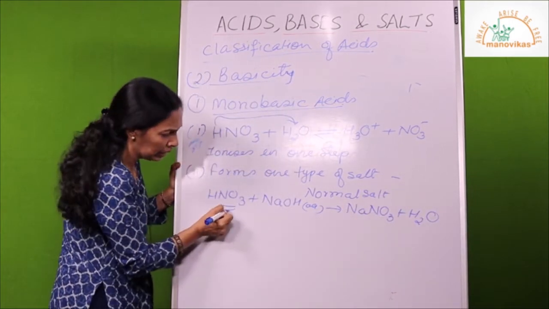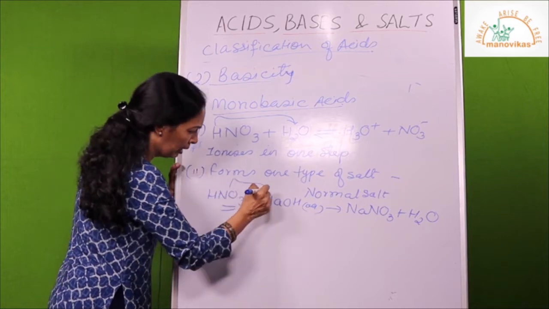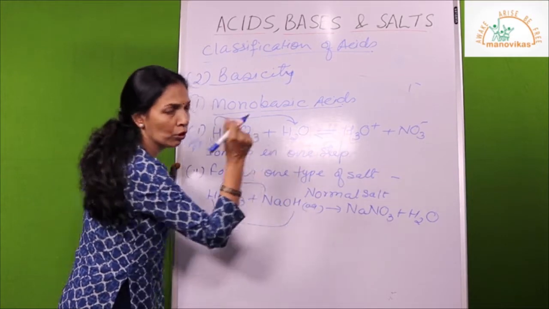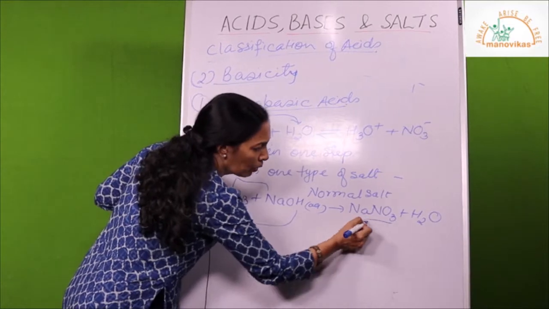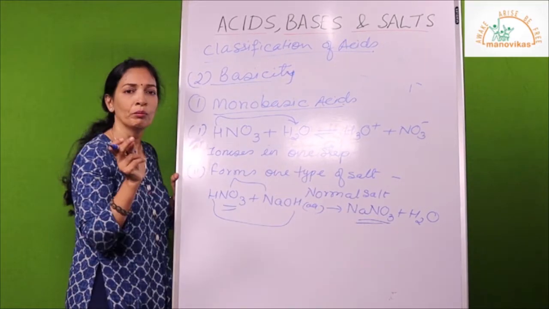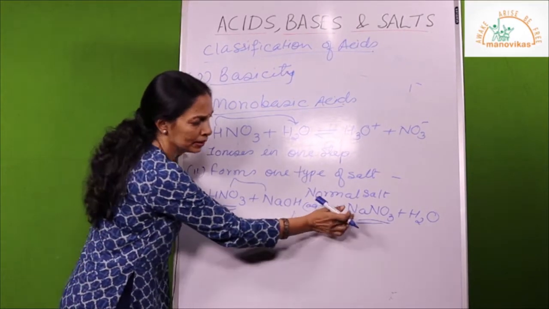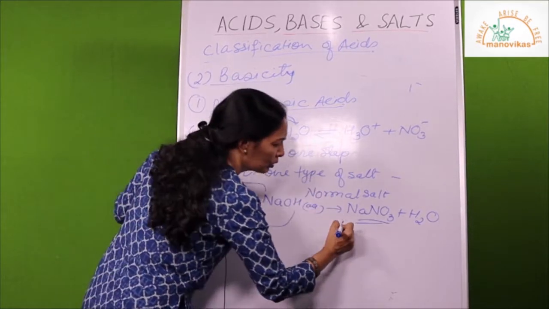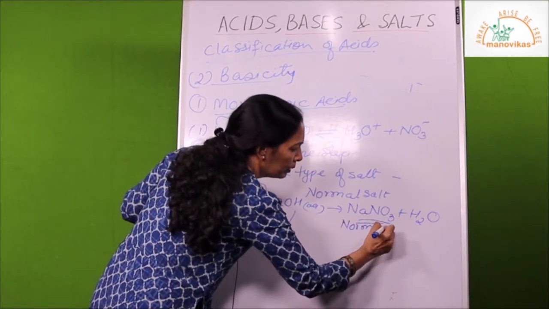So this NO3 anion is going with this metal and this part is going in the form of H2O. So this is the salt form and there is no more replaceable hydrogen ion present in this. So this is a normal salt, sodium nitrate, a normal salt.